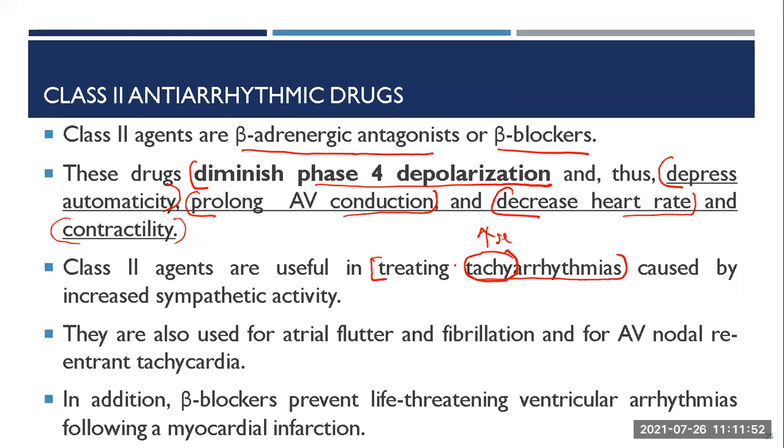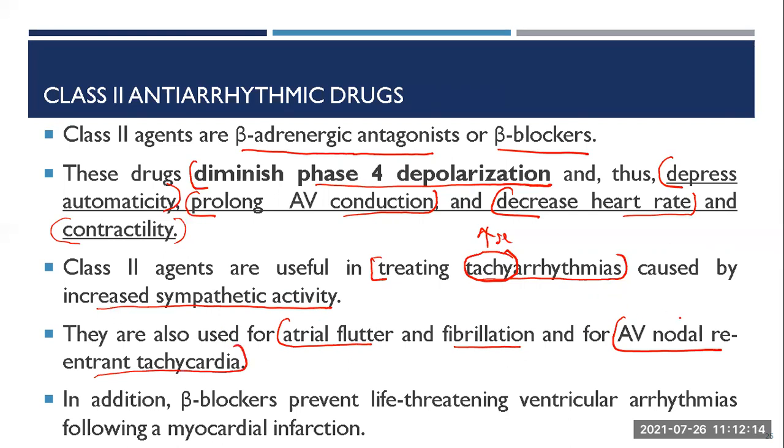So the tachyarrhythmias, which are caused due to the increased sympathetic activity, are reduced by these class 2 agents. They are also used for atrial flutter and fibrillation, and also for the AV nodal reentrant tachycardia.